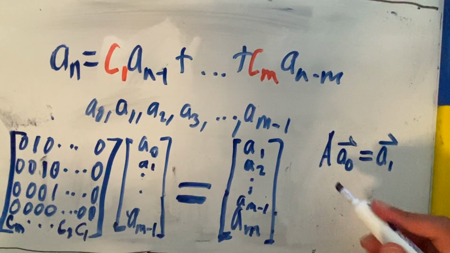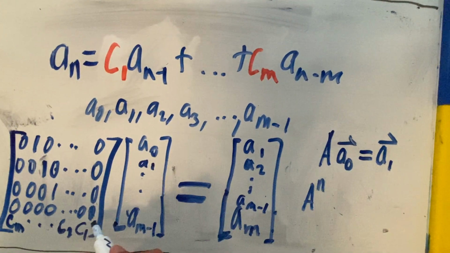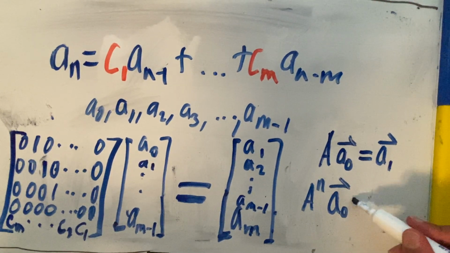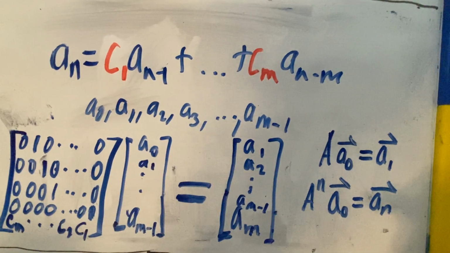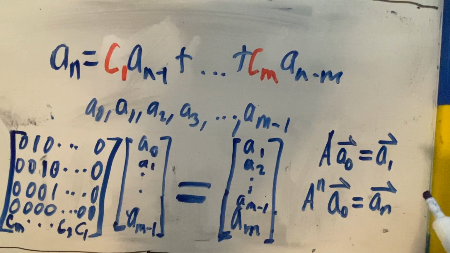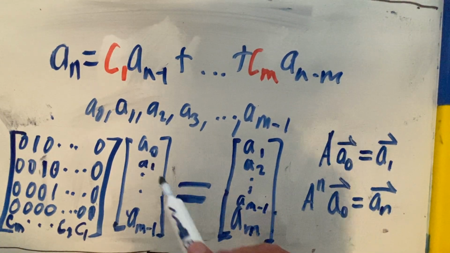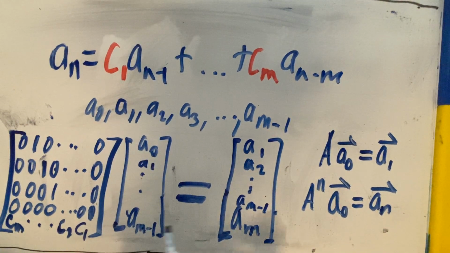But then we'll say that A to the nth power, this matrix raised to the nth power, times the initial condition vector should give us the a sub n vector. And this a sub n vector will have its first entry be a sub n, its second entry be a sub n plus 1, its last entry be a sub n plus m minus 1.